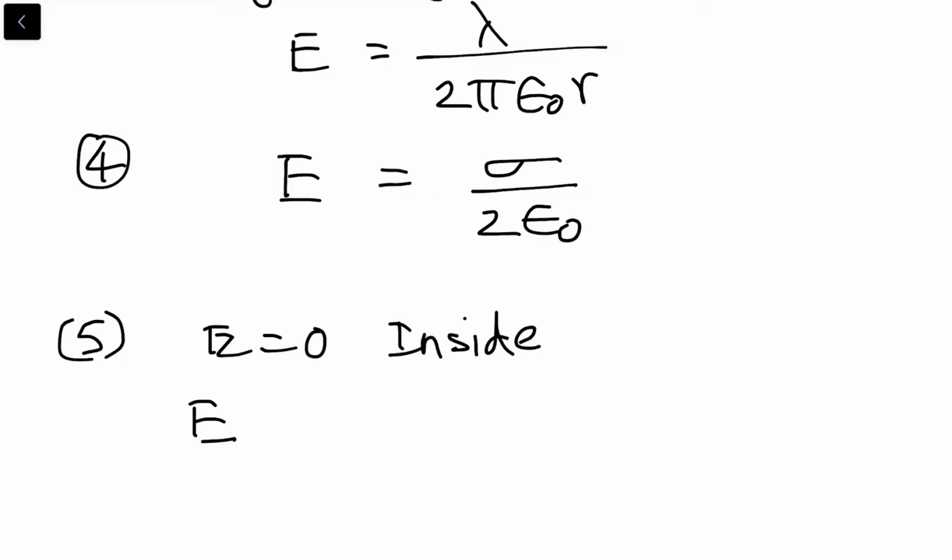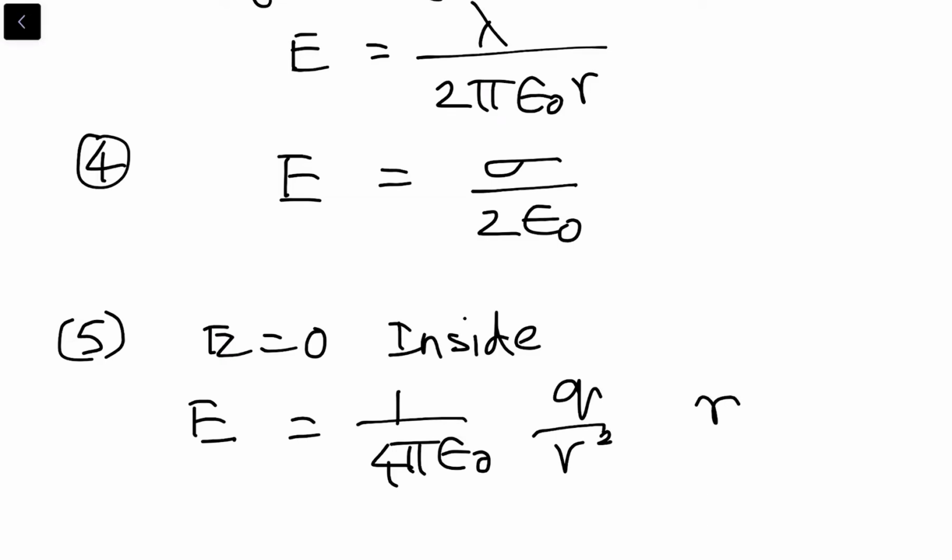If any point is outside, then electric field is equal to 1 by 4 pi epsilon naught times q by r square, where r is the distance of the point from the center, greater than the radius of the spherical shell.